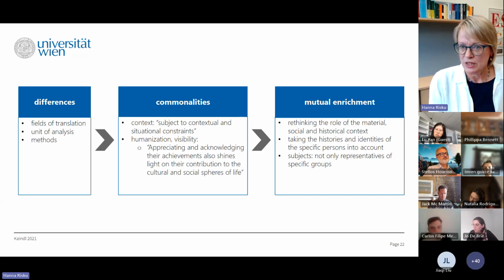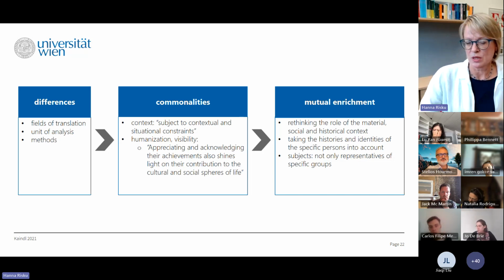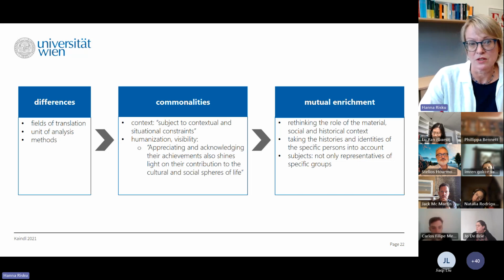They all strive to study the active role of translators. And they all want to make translators visible, as Kindl writes, appreciating and acknowledging their achievements also shines light on their contribution to the cultural and social spheres of life.